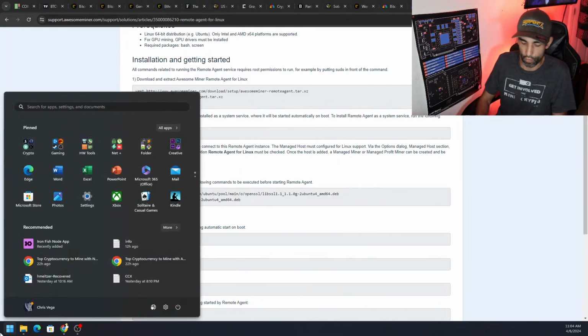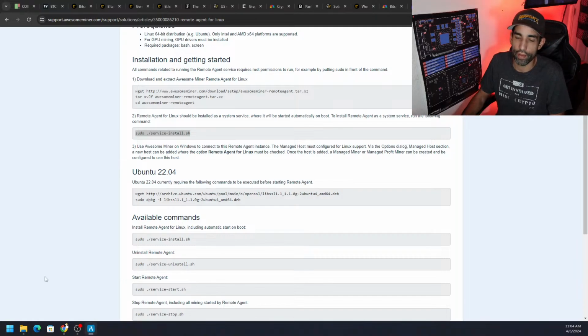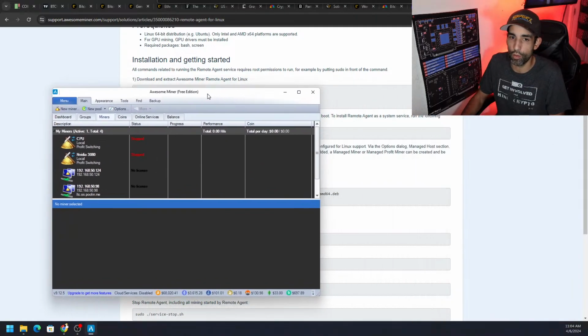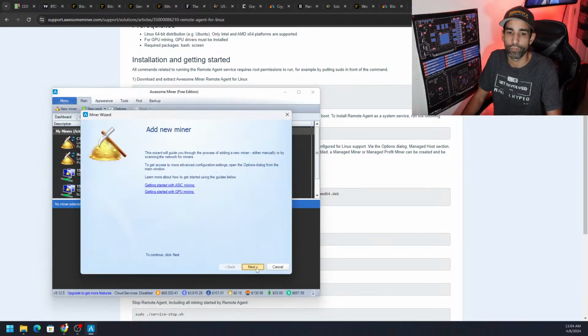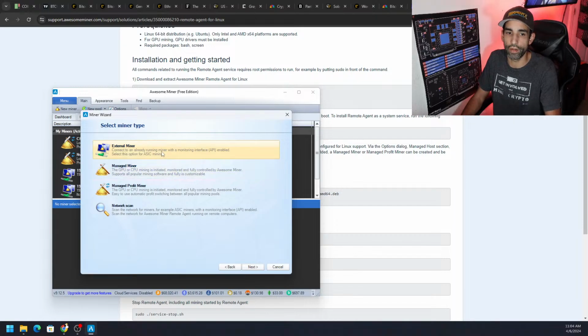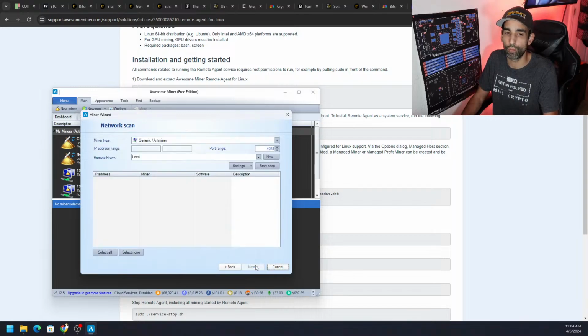I don't have it installed on these guys right now, but once you have that remote agent installed on that Hiveon system, now we can do new miner, next, external miner, put in the IP, or I think network scan, if you have the remote agent added, I think network scan can pick it up.